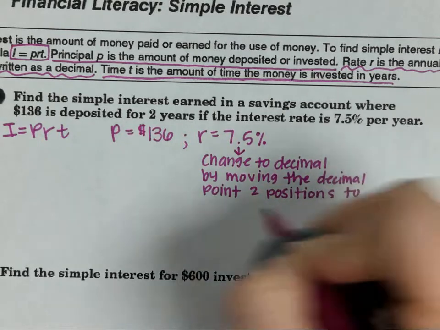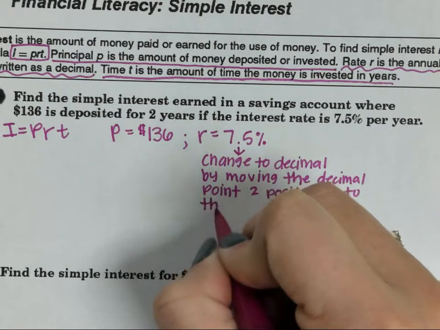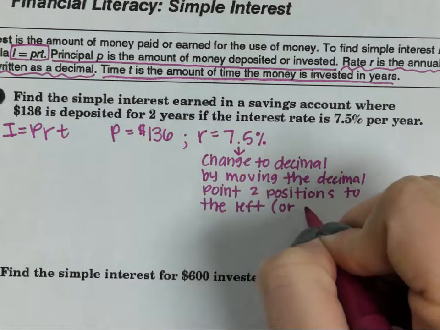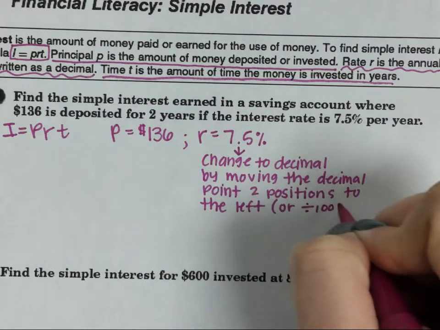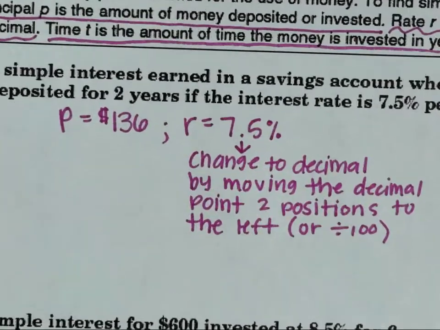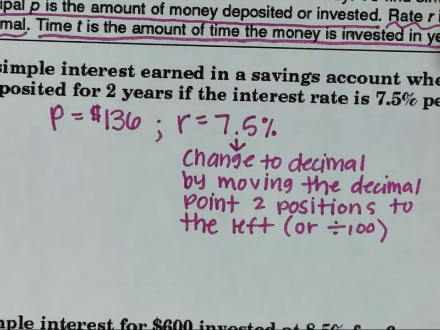To the left, or divide by 100. Whichever one you choose, okay? Can y'all read that okay? Change to decimal by moving the decimal point 2 positions to the left or dividing by 100.